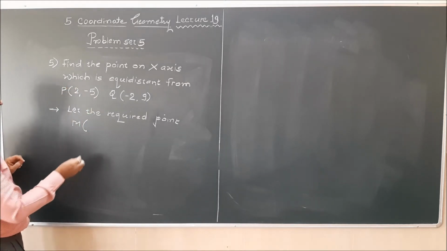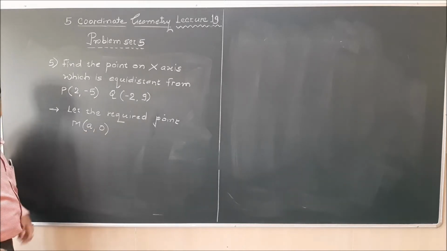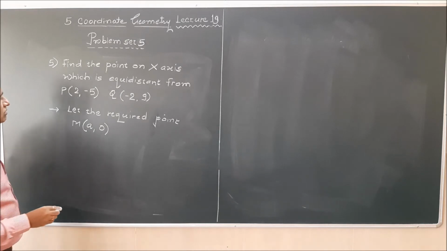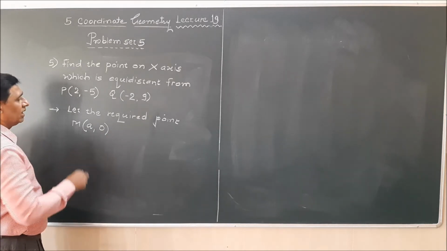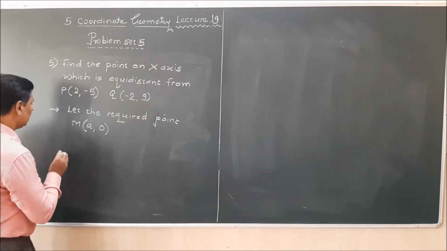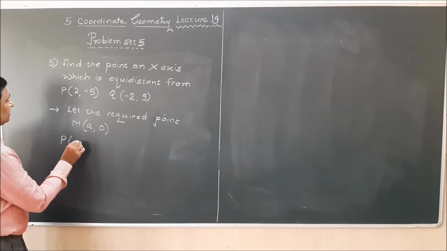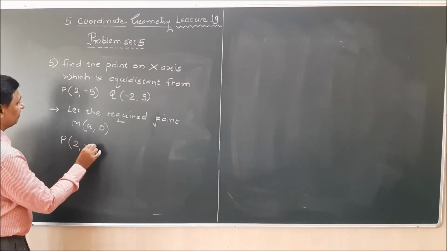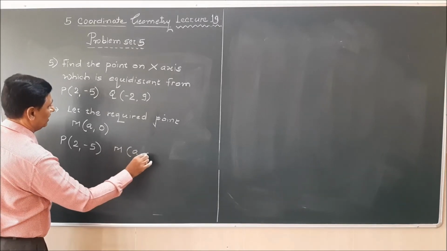If point is on x-axis, its y coordinate is 0. Very important to know this. Okay, so let the required point be M (a, 0). So PM is equal to, P is having the coordinates as 2 comma minus 5, and M we have taken as a, 0.